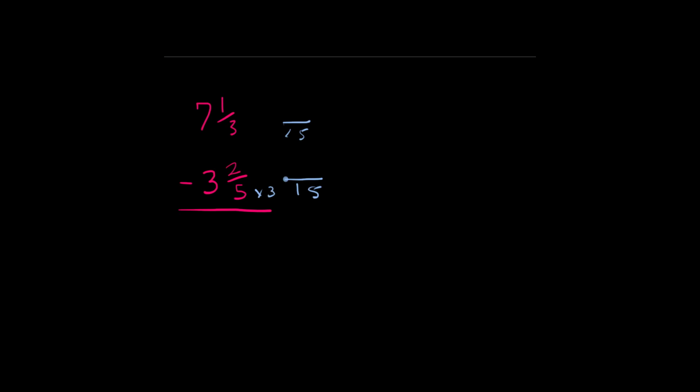Finding the numerators, that part is still the same. But what's different now? Now we have 6 take away from 5. We can't do that. This is what I mean by borrowing. We're going to go over here to the whole number 7, cross that out, make it a 6.